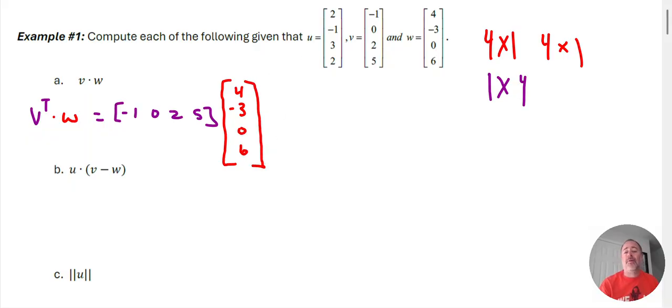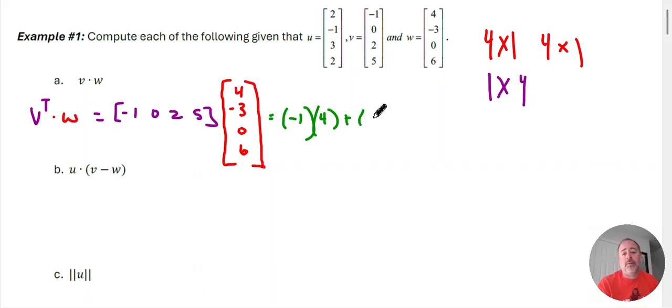So we can go ahead and just write W down, recopy this, and now we'll do our dot product. Now remember the dot product is a scalar, so you will get just a number. We're going to multiply the first component in our V, which is -1, by the first component of W, which is positive 4. And we're going to do the same thing down the line here.